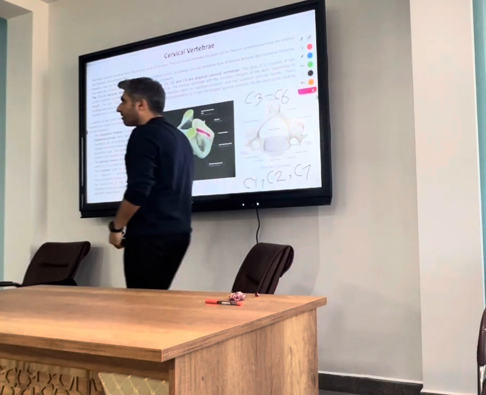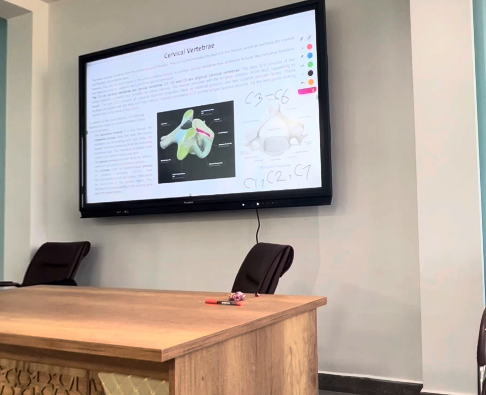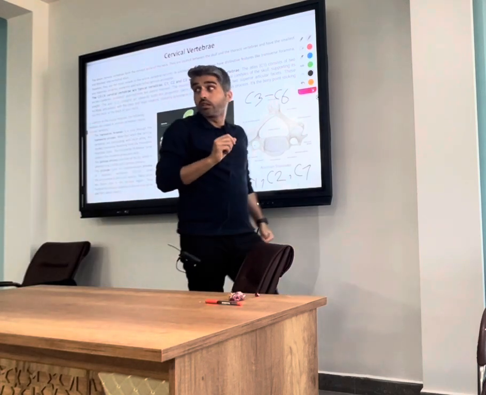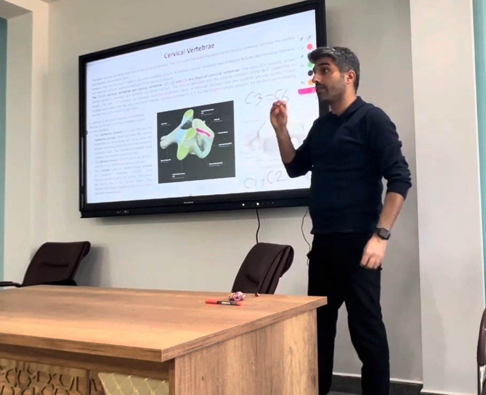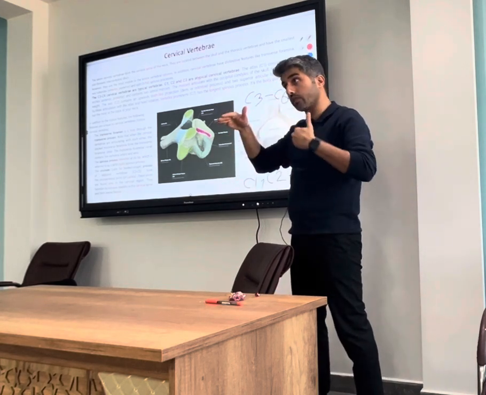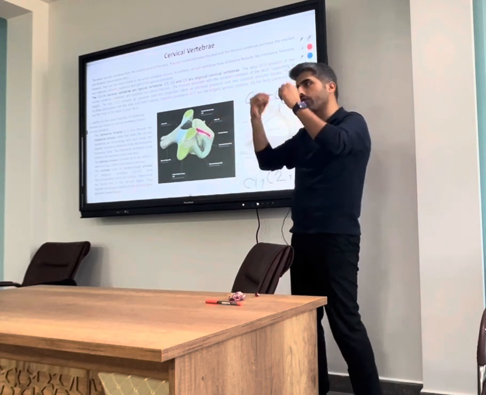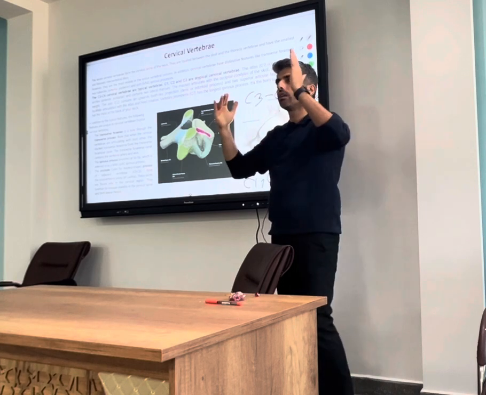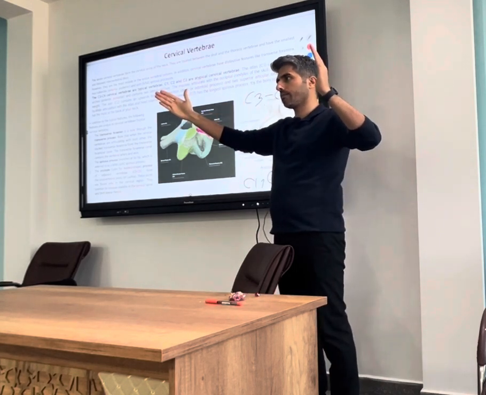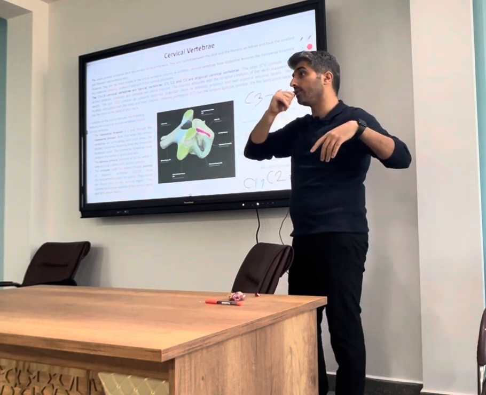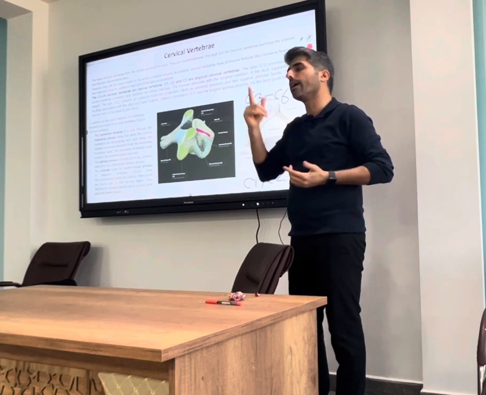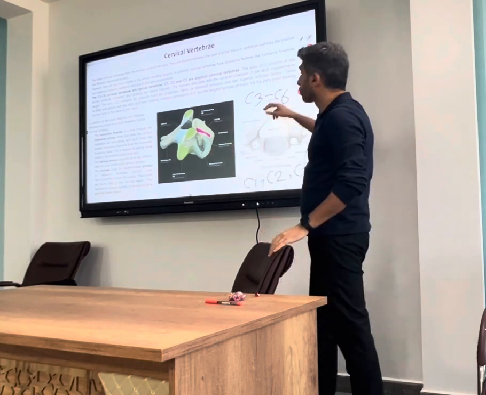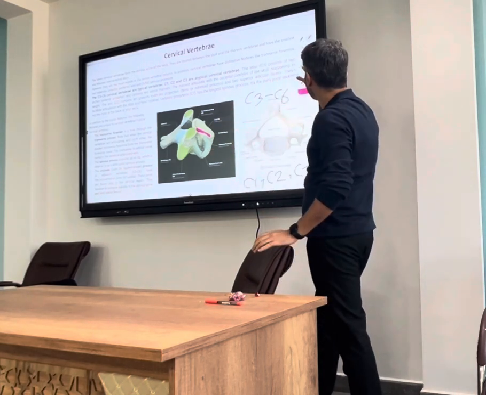When we say typical cervical vertebra, it means a normal vertebra in the cervical region, C3 to C6. C1, C2, C7 are atypical. Why, I will tell you.